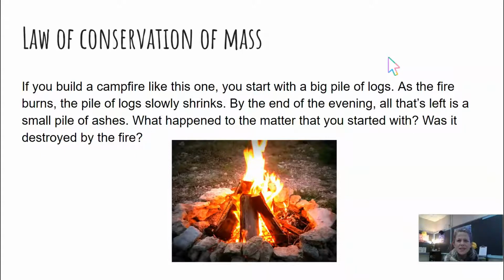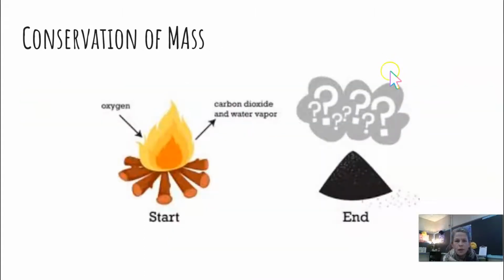Well, what happened to the matter that you started with? Was it destroyed by the fire? Well, mass can neither be created nor destroyed. So I'm thinking no, but then what happened to it? Well, let's look at this.